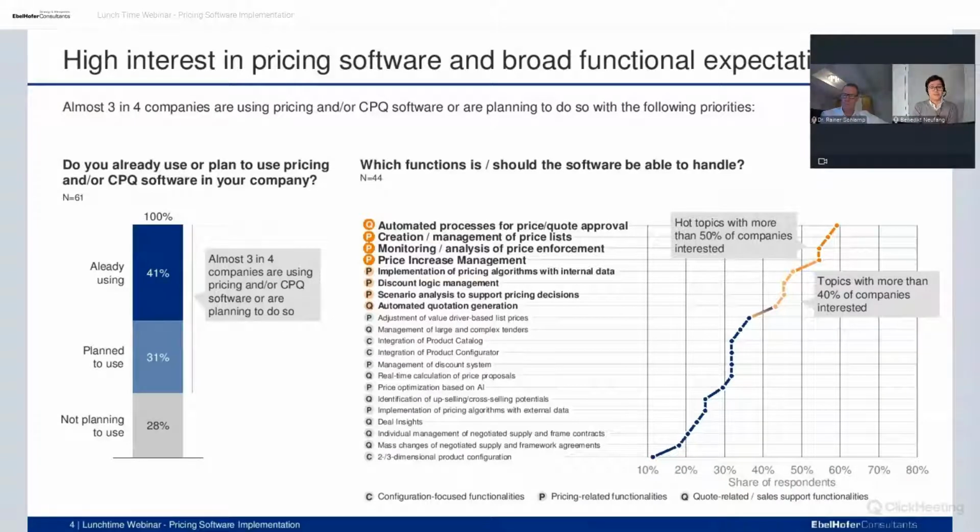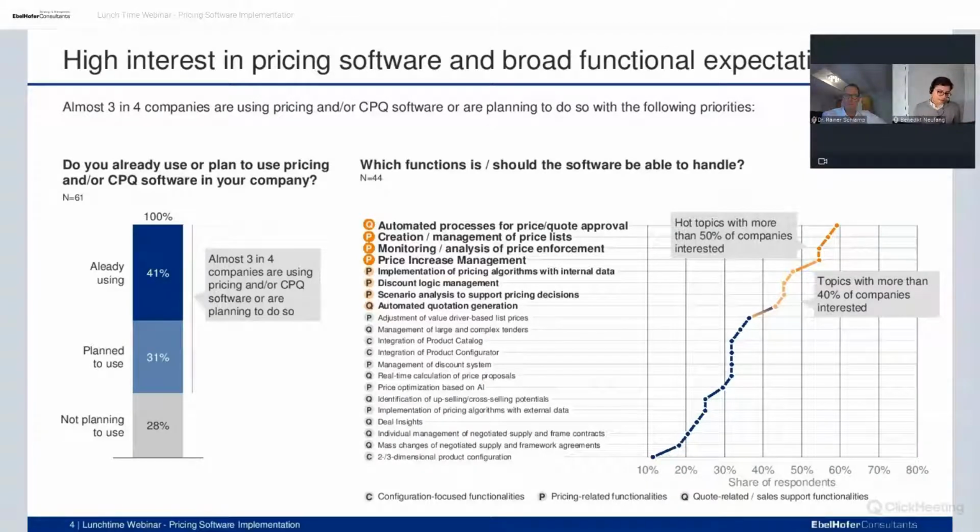And then we have second-in-line topics that are also quite frequently noted as relevant. That's the implementation of pricing algorithms, but using internal data. We also asked whether algorithms using external market data were relevant, but this is relevant for fewer customers, as you can see here below.